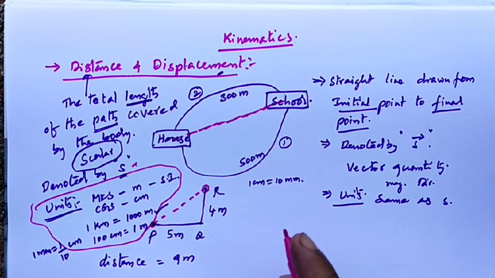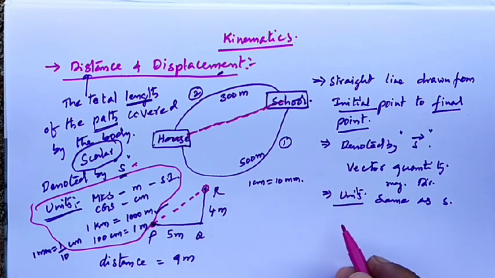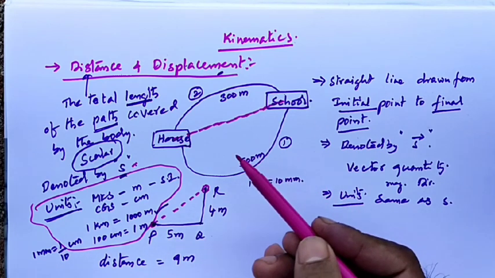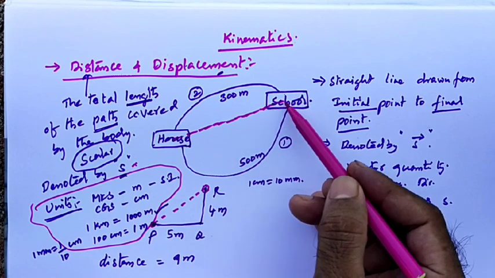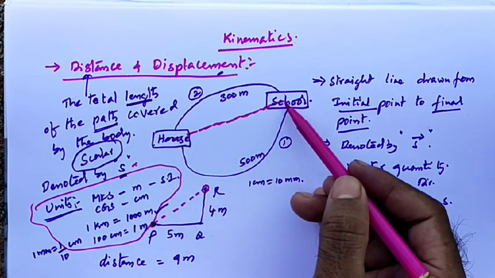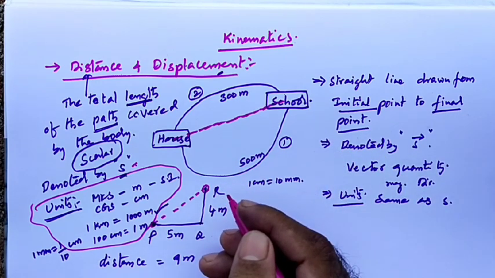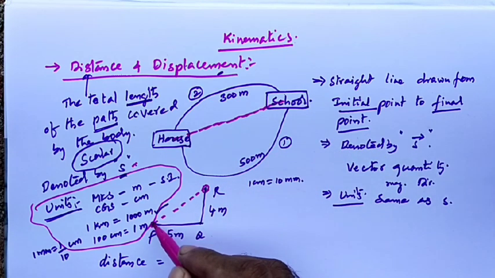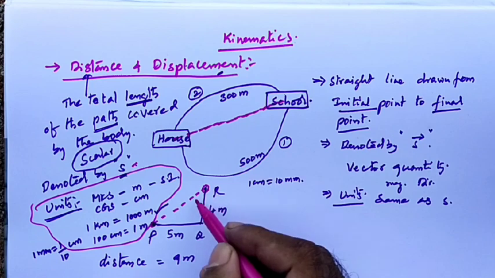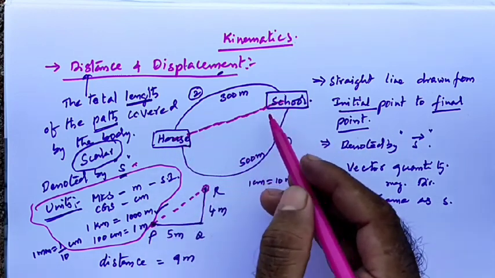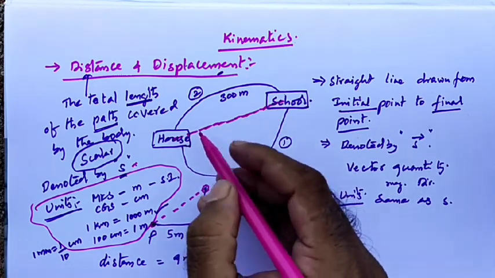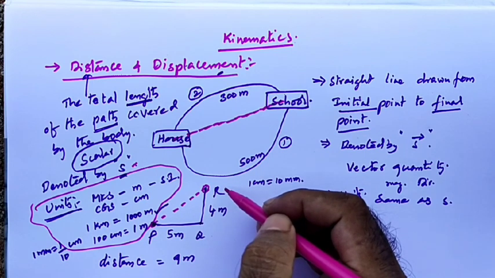Now the important thing is, in the line which we draw from initial point to final point, there may or may not be a path or a road here. The displacement need not travel in that way.